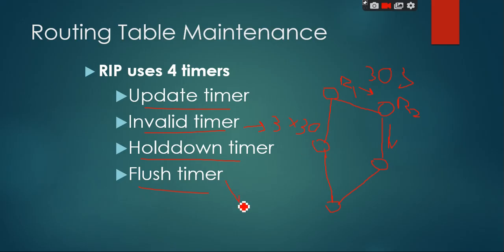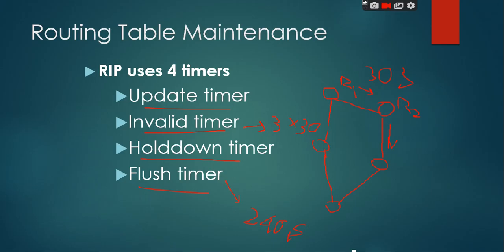And then the route flush timer. Now imagine that after even 90 seconds you don't hear from R1 and you still wait. Well, 120 seconds, 150 seconds, 180 seconds, likewise up to 240 seconds. For 240 seconds you are not hearing from R1. Now R2 can only assume that R1 is completely dead.